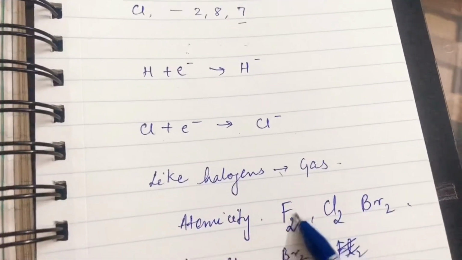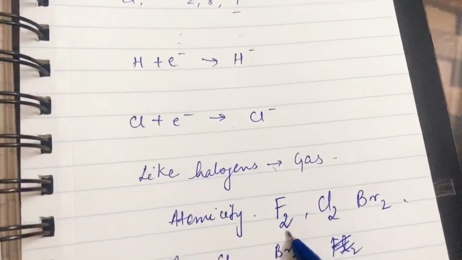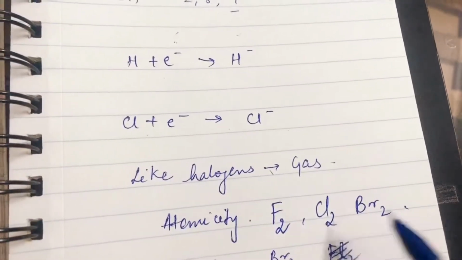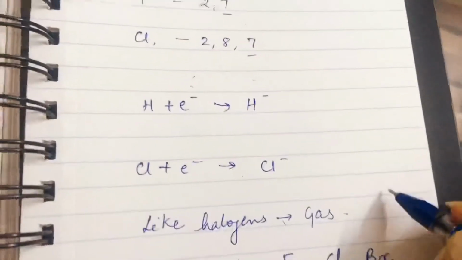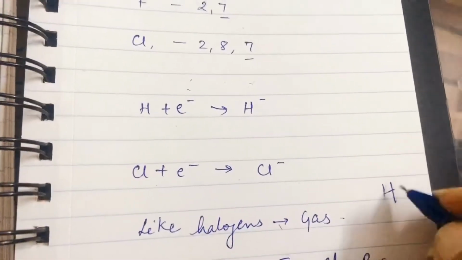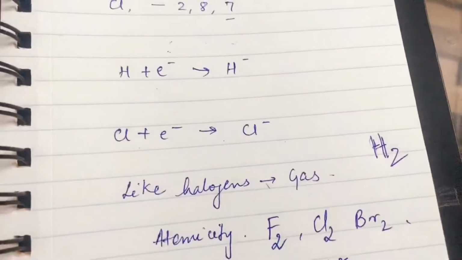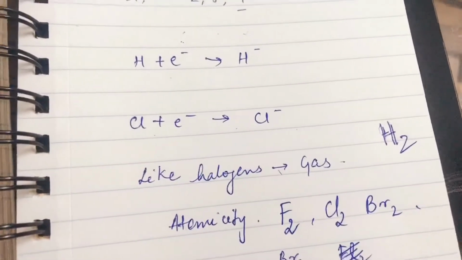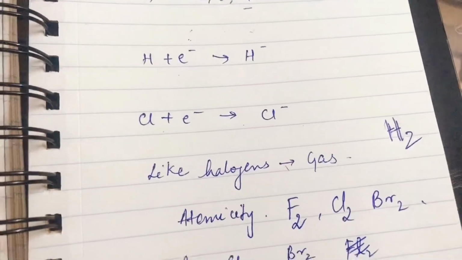Atomicity means if a molecule is formed with 2 atoms of fluorine, this 2 is the atomicity. This 2 is the atomicity of chlorine, this 2 is the atomicity of bromine. Same way, the atomicity of hydrogen is 2. It forms a molecule when you combine 2 hydrogen atoms to form one molecule of hydrogen. So the atomicity of hydrogen also matches with the halogens.